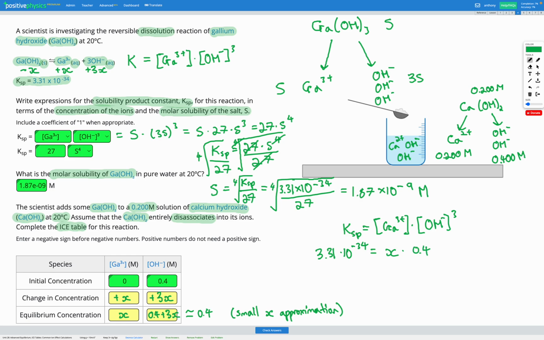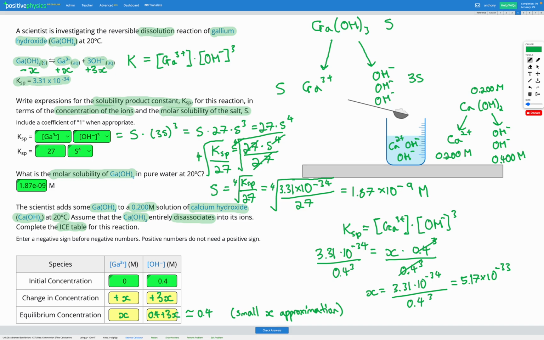We're approximating 0.4 plus 3x is just 0.4. That's going to be to the power of 3. So to solve this, all we need to do is divide by 0.4 cubed on both sides to get x is equal to 3.31 times 10 to the negative 34 divided by 0.4 cubed. So if we put that into our calculator, it gets us an answer of 5.17 times 10 to the power of negative 33.